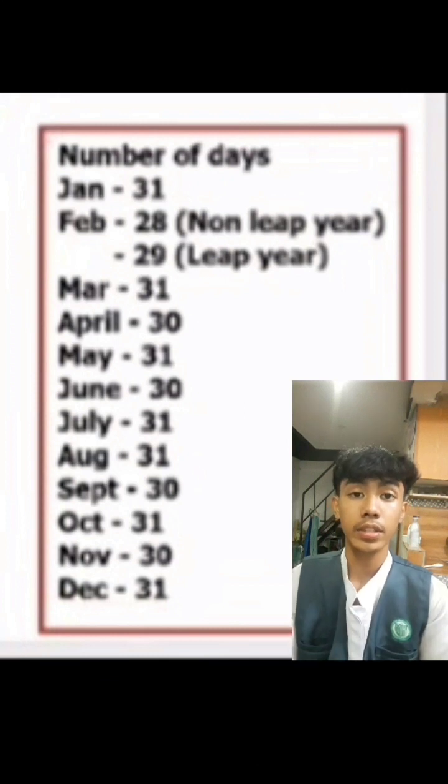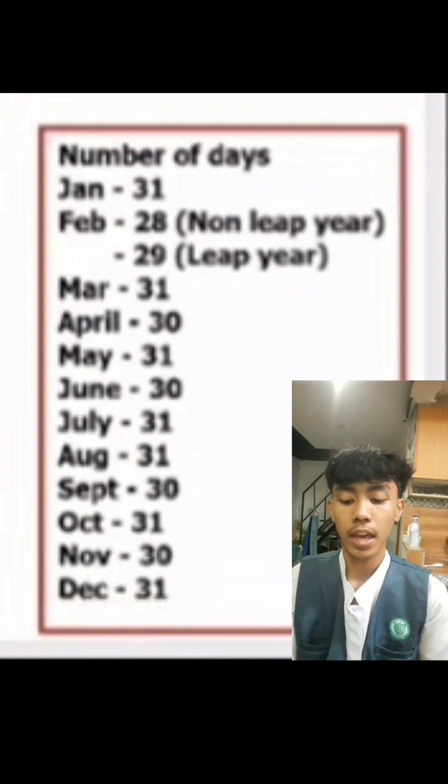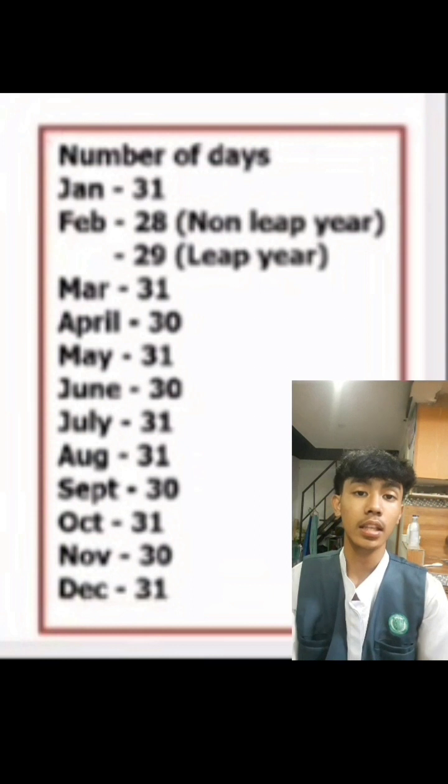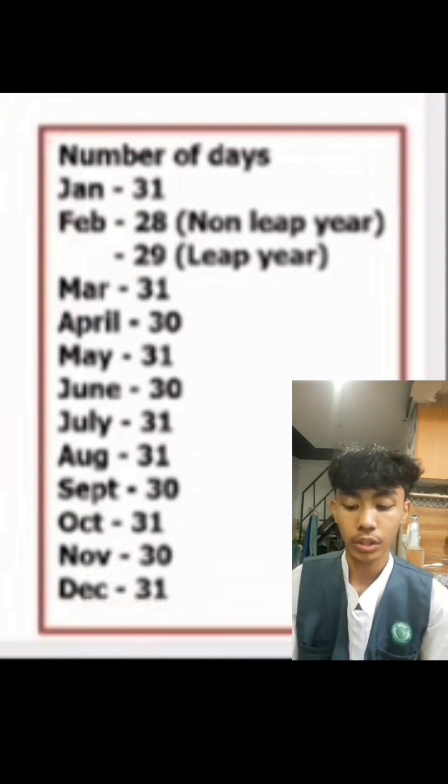And after this, I want you all to keep in mind the number of days in a month. In January, we have 31 days. In February, we have 28 to 29 days. If it is 28, it will be a non-leap year, and if it is 29, it will be a leap year.